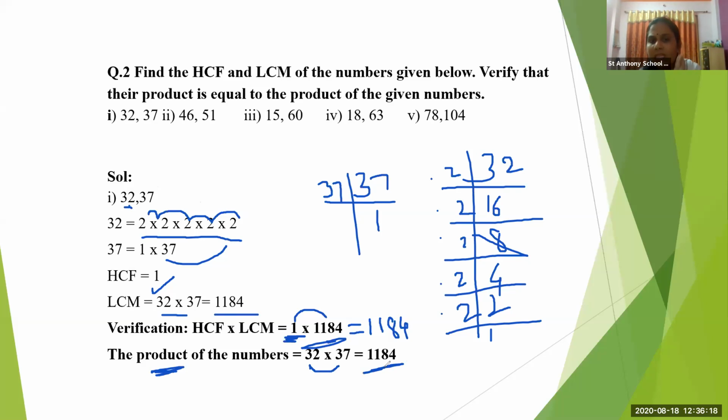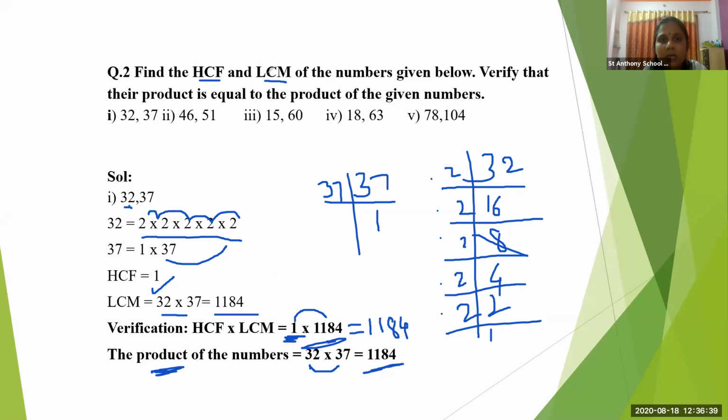The question, please listen to the question carefully, understand it. What is the question? Find the HCF and LCM of the numbers given below. Verify that their product, किसका product? HCF और LCM का.